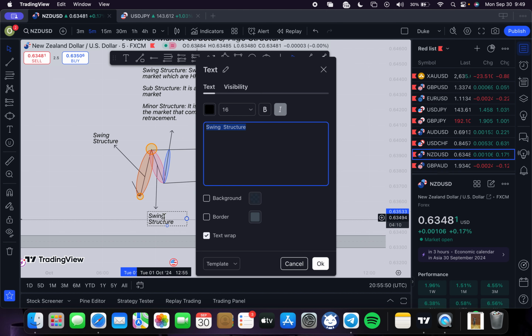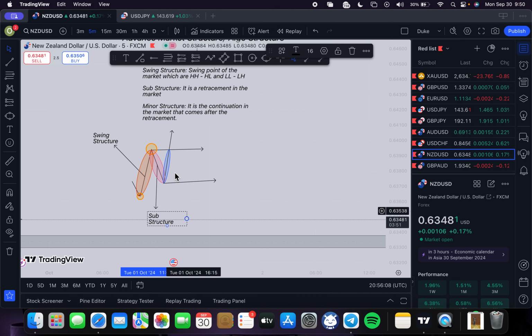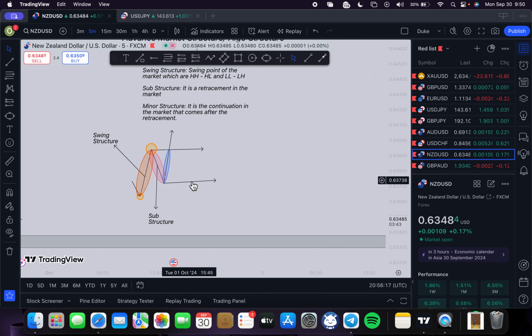This is your substructure. Then this is your minor structure. Hold on, I don't want the thing to be messy.